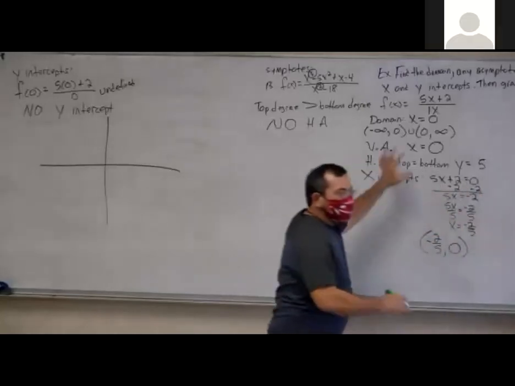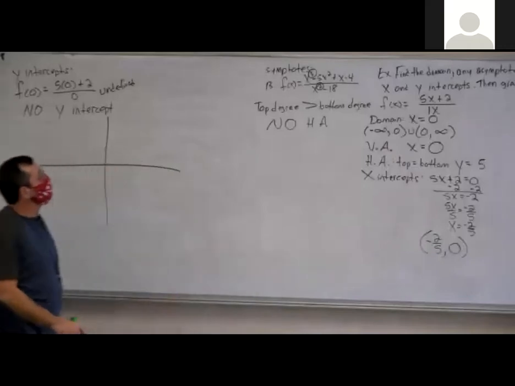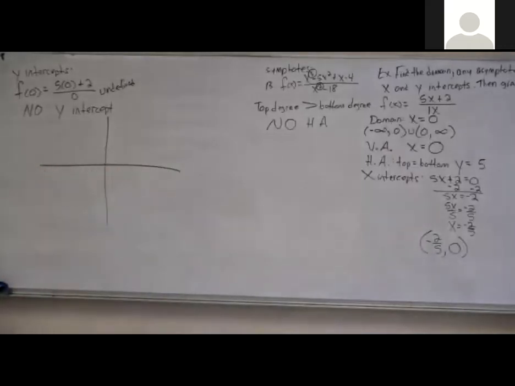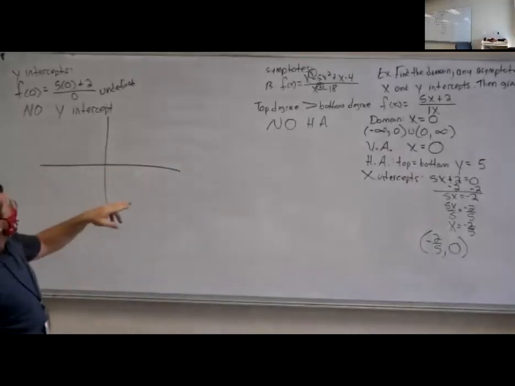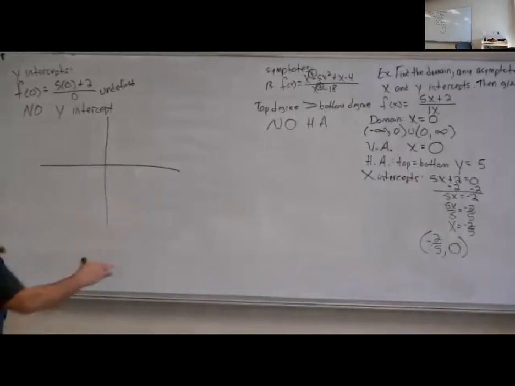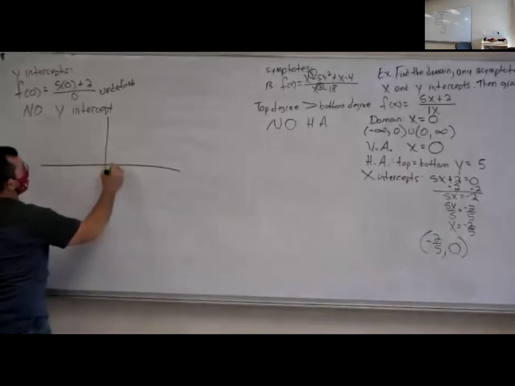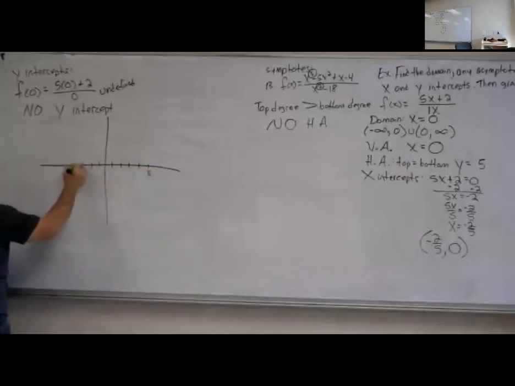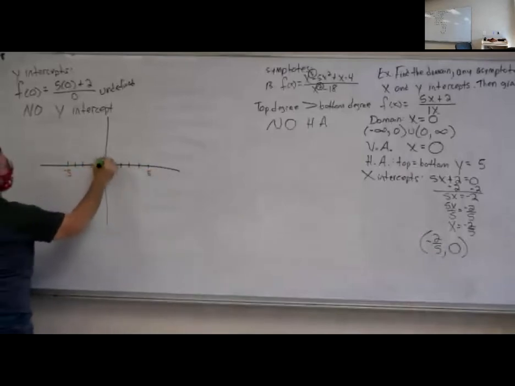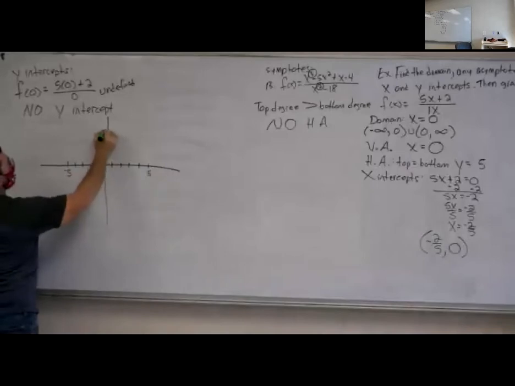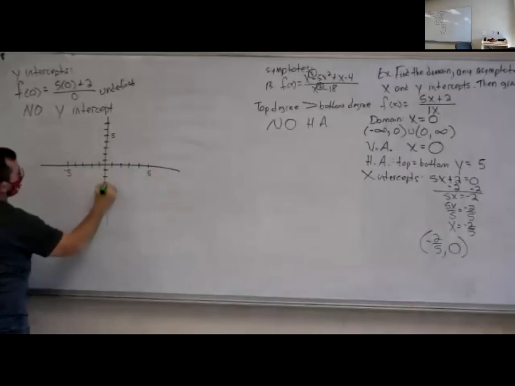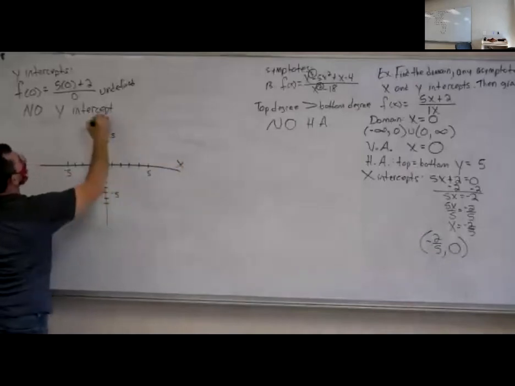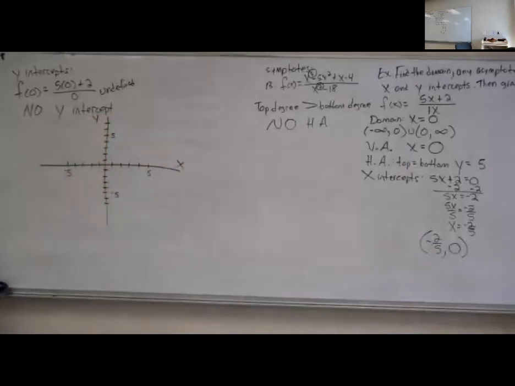All right, so I should be moving around now, right? Yes. Okay. All right, so let's see. Verticals was at 0, so I don't have to go real far out here. So I'll just do 5s, my x and my y.